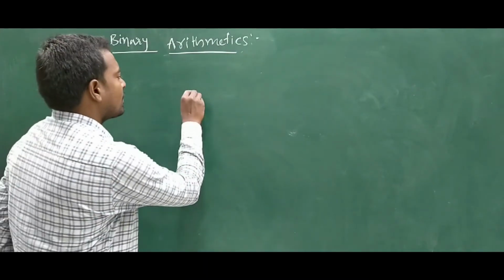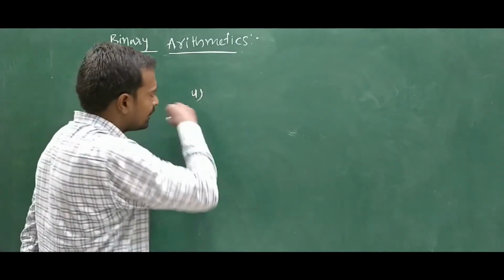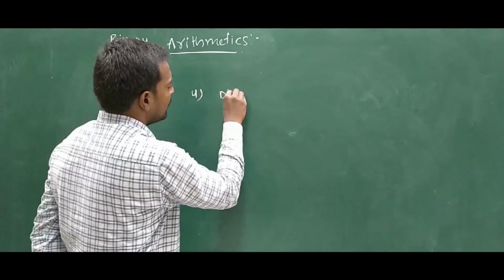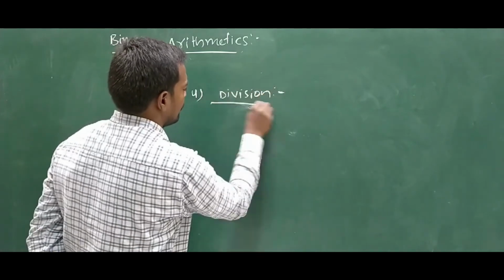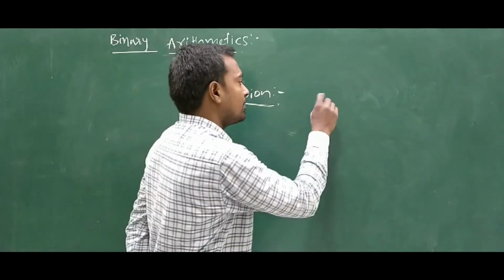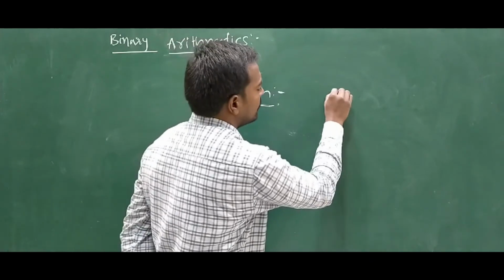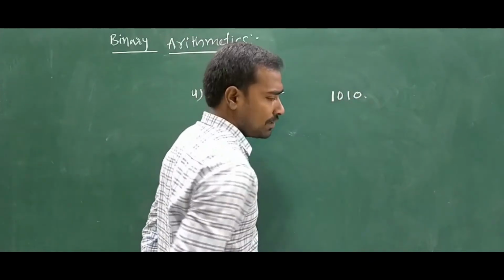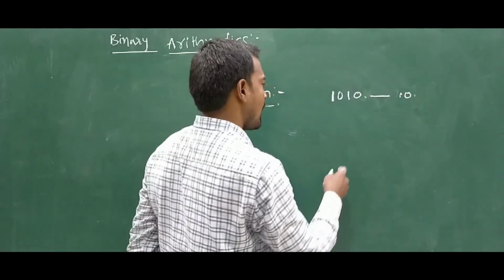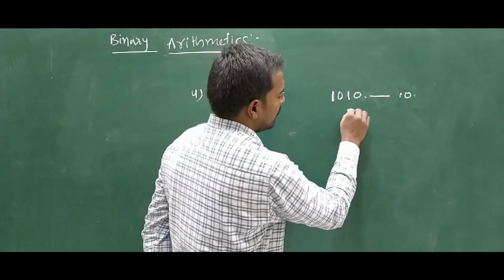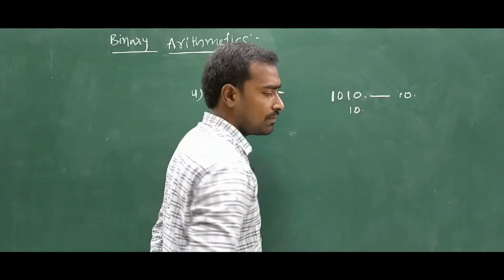Next one, binary division. Here I am taking the binary value 1010, that is equal to 10 in the decimal value, and here I am taking 10, that is equal to 2.